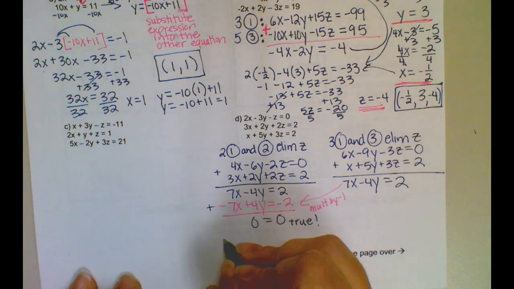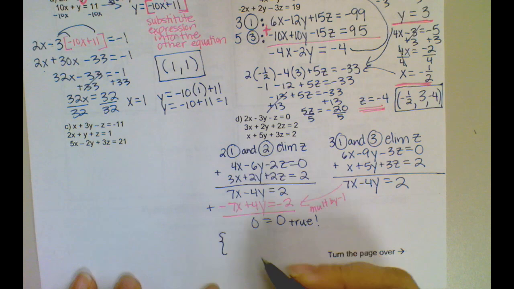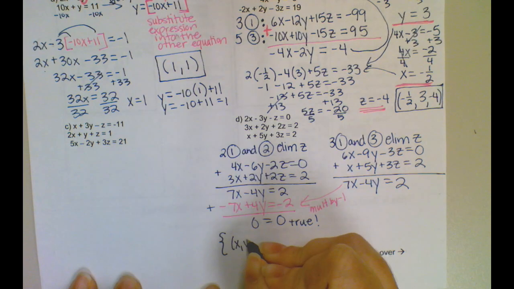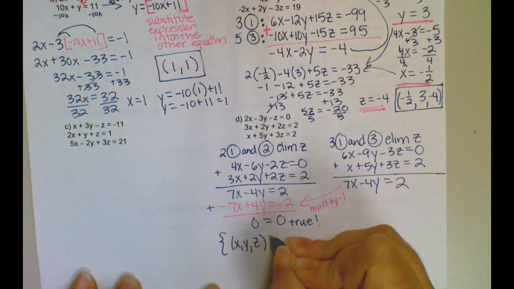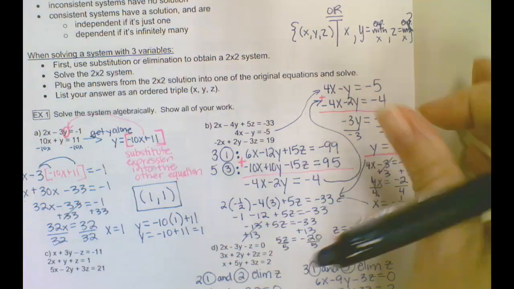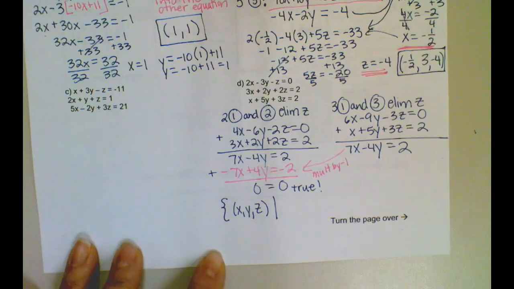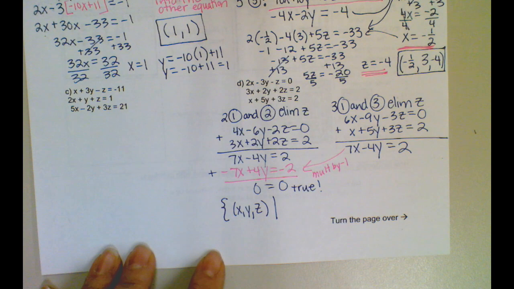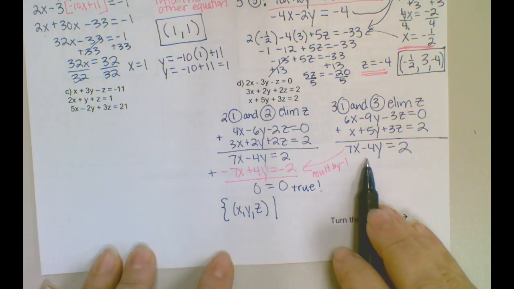And again, now that we are in big boy and big girl math, we don't just write infinitely many solutions. We write it in this format up here. So x comma y comma z. If I solve this equation for one of the variables, it doesn't matter.